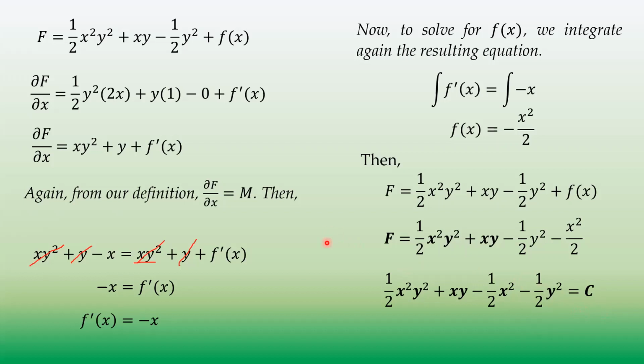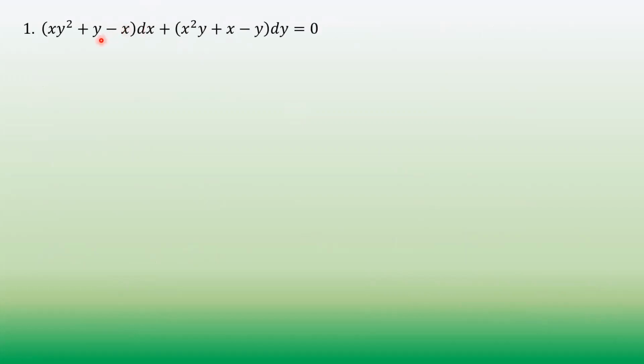Again, we have our given as xy squared plus y minus x dx plus the quantity x squared y plus x minus y dy equals 0.